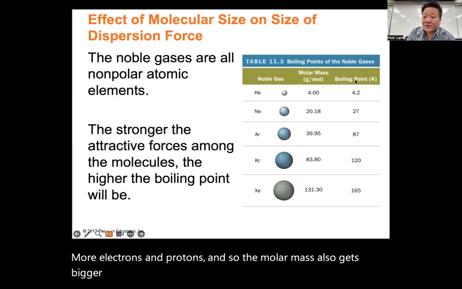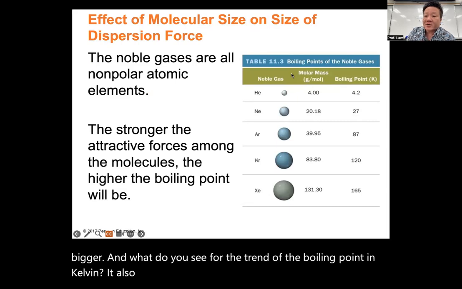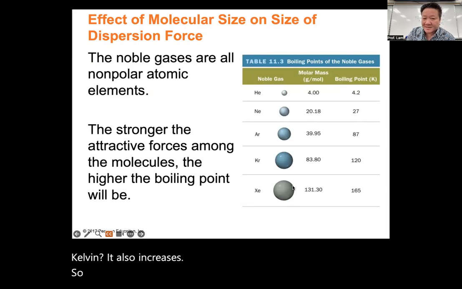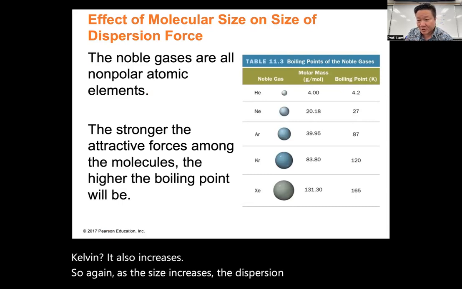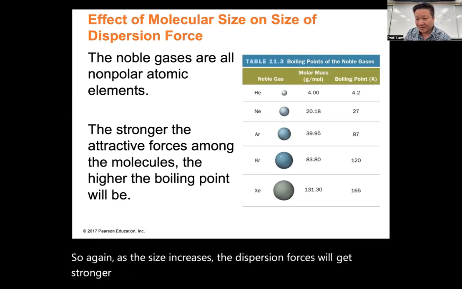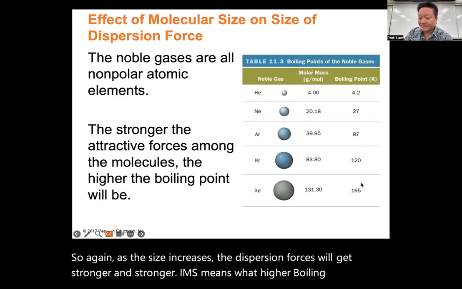And what do you see for the trend of the boiling point in Kelvin? It also increases, okay? So again, as the size increases, the dispersion forces will get stronger, and stronger IMFs mean what? Higher boiling points, right?